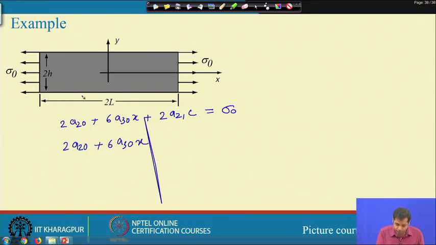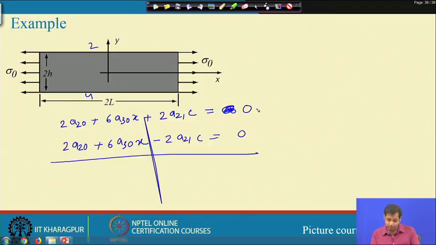This is for boundaries 2 and 4. So, this term becomes 0, and then the term minus 2a21 C becomes 0. So, this is stress sigma y on boundary number 2, and this is sigma y on boundary number 4.